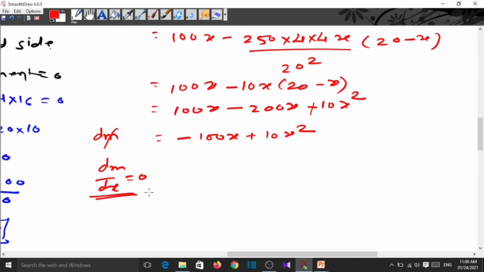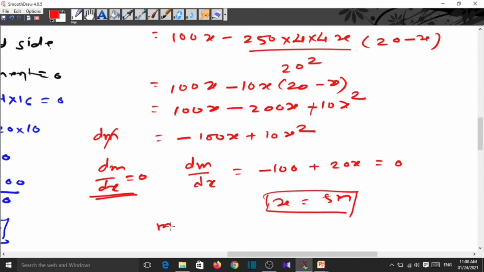We get here the location of the maximum negative moment. So dM by dx is equal to, this becomes minus 100, this becomes plus 20x, is equal to 0. So x is equal to 5.